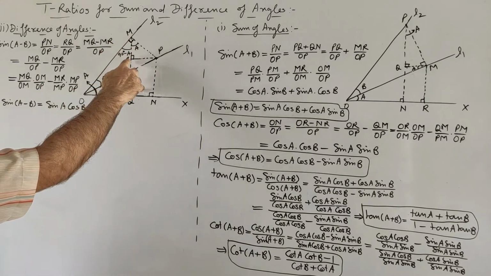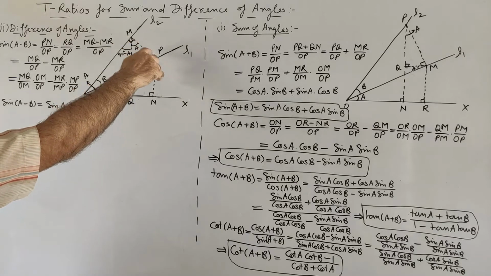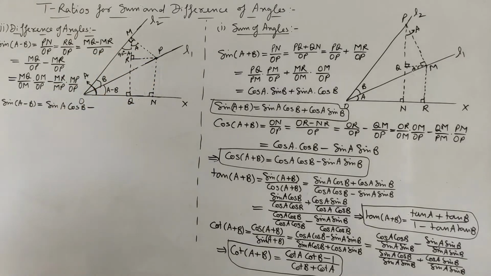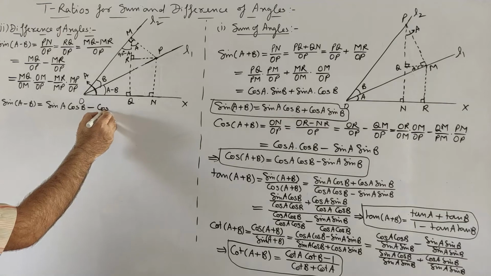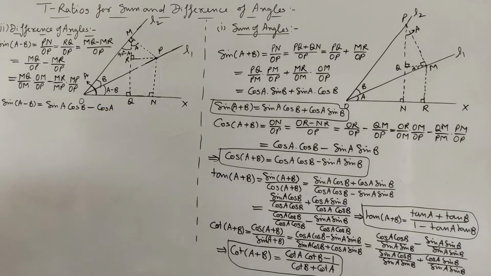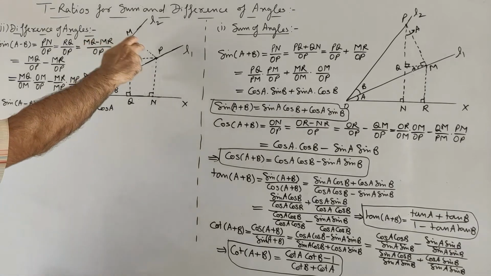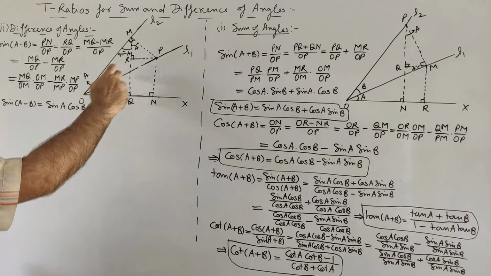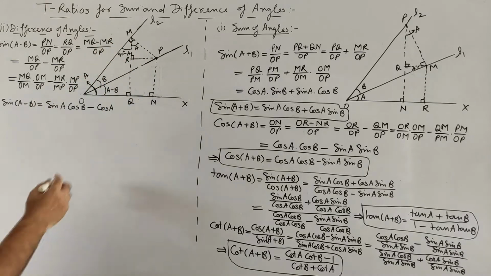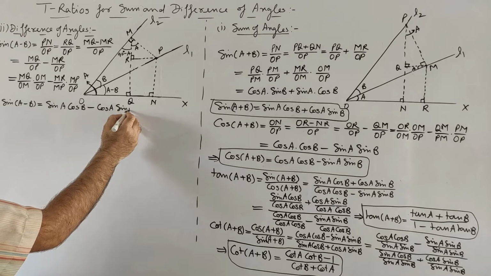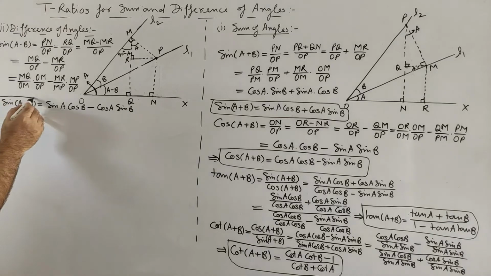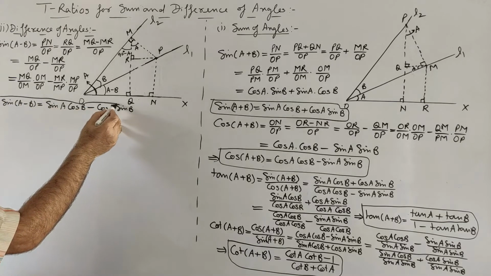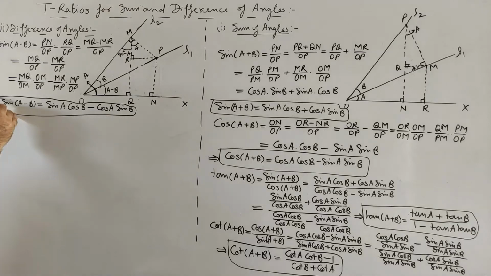MR is base, MP is hypotenuse for angle A. So it will be cos A. And MP upon OP means perpendicular upon hypotenuse for angle B. So it will be sin B. So this will give you the formula for sin A minus B.